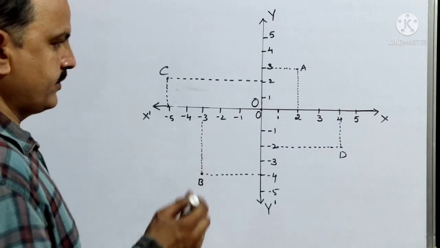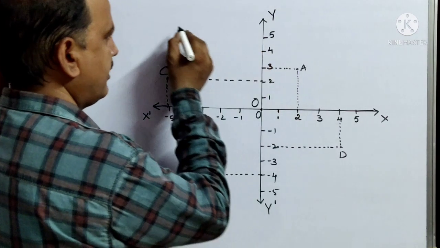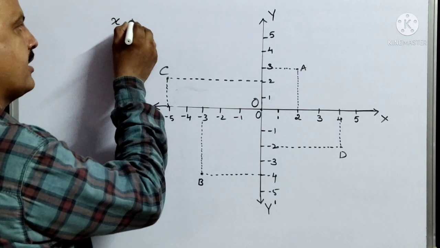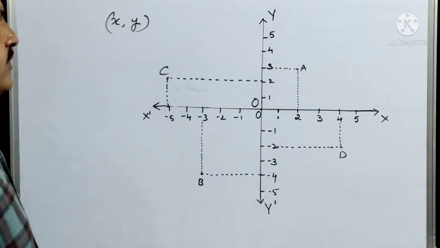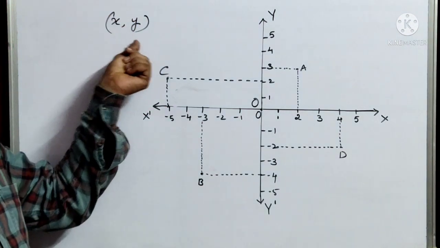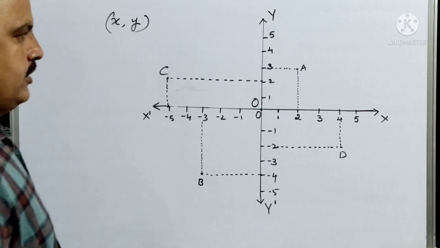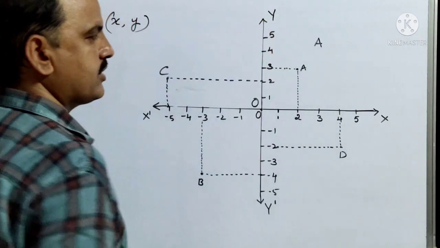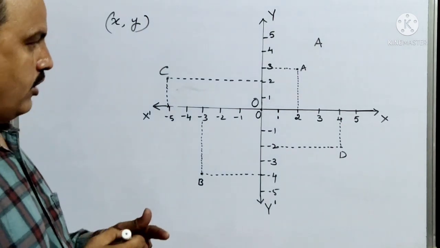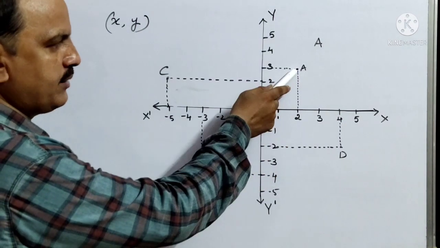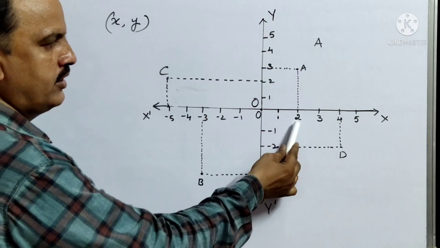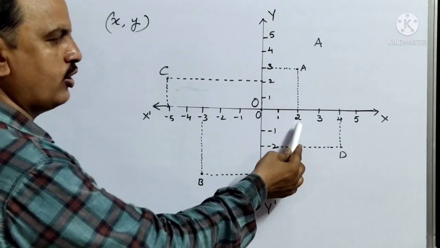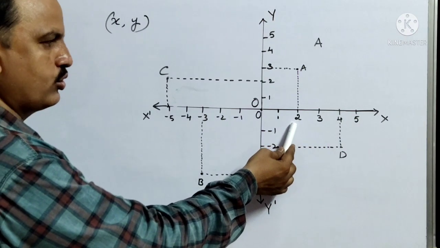See, listen. First, the x coordinate will always be there, no? And the second one is the y coordinate. First coordinate will be x and the second coordinate is y. Now I am telling the answer for A. On point A, if you clearly observe this line, here it is 2. That means it's lying on the x-axis at 2.